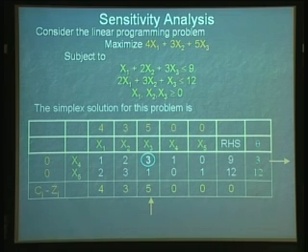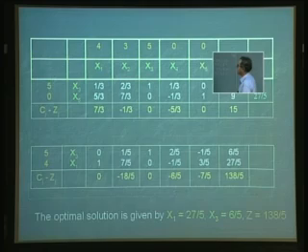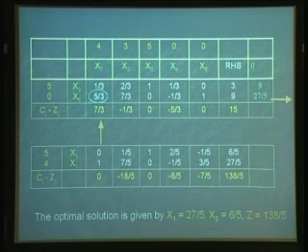Variable x3 with the most positive Cj minus Zj enters. Theta is computed as 9 divided by 3 which is 3, and 12 divided by 1 which is 12. 3 is the minimum theta, so variable x4 leaves the basis and variable x3 enters the basis. The next iteration starts with x3 and x5, which are here.